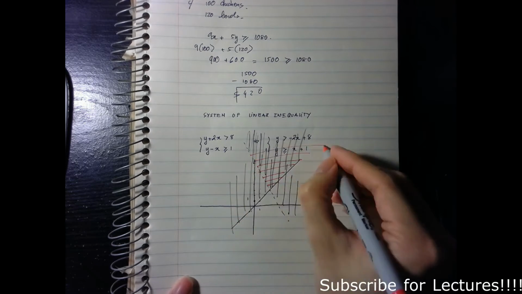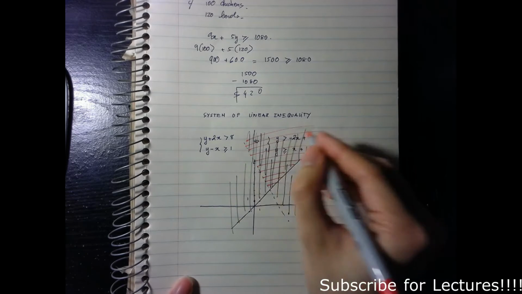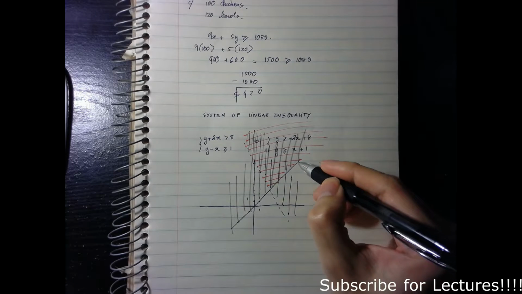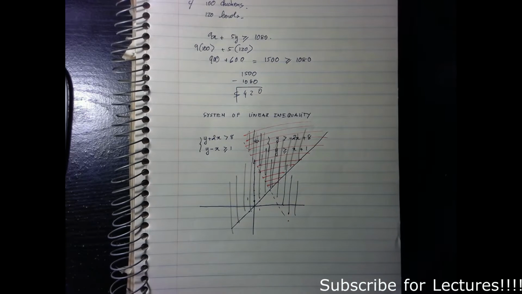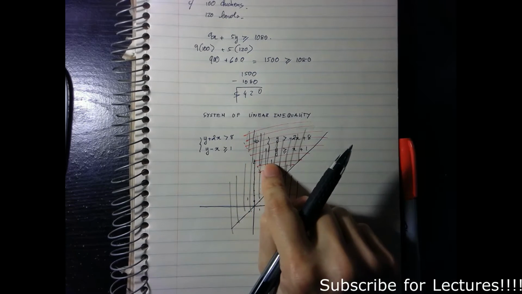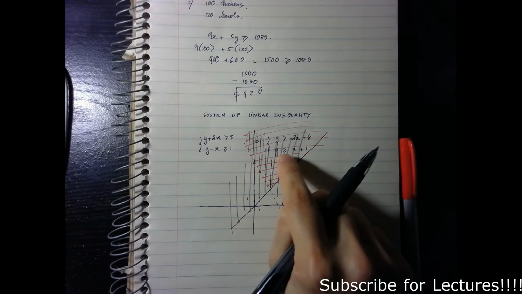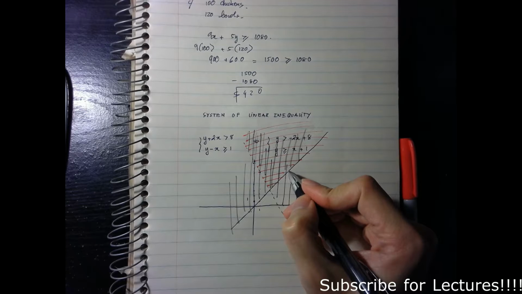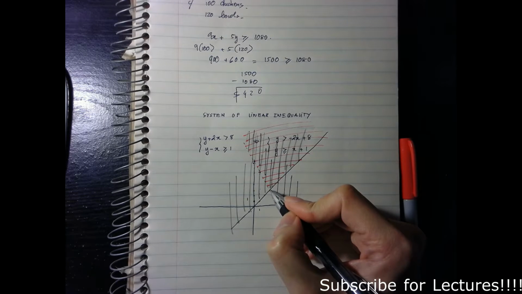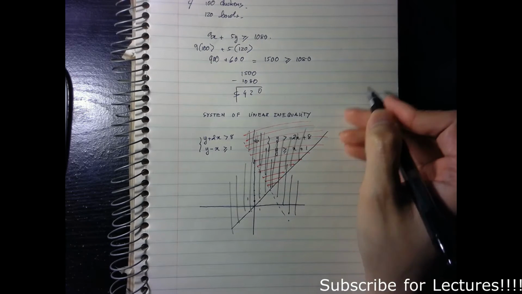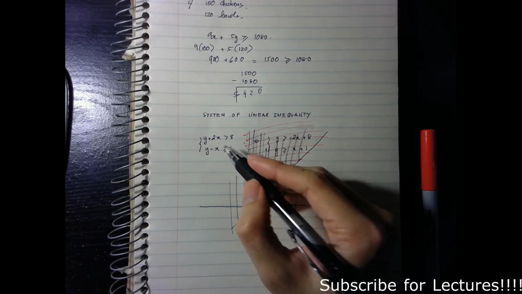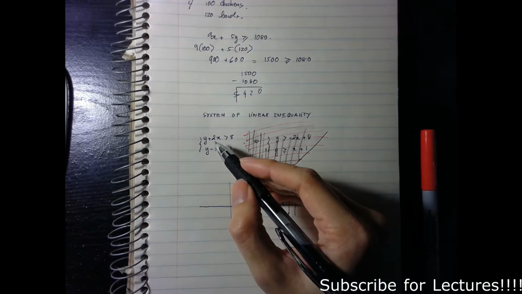There you go. So this region contains a bunch of points, including the points on this line, from here all the way up, right? On this line will satisfy this system of linear inequalities simultaneously.